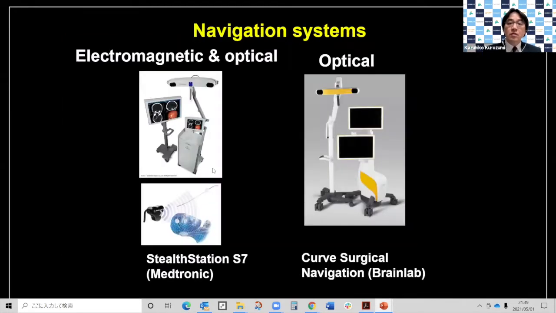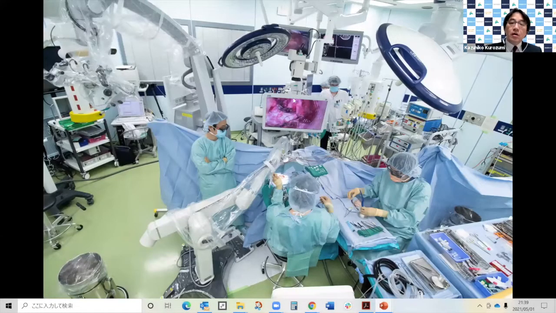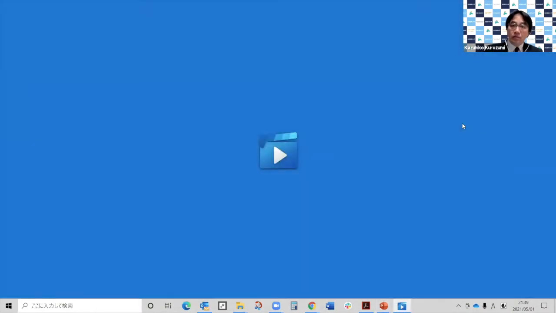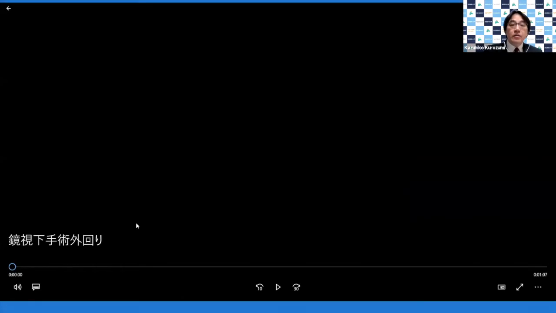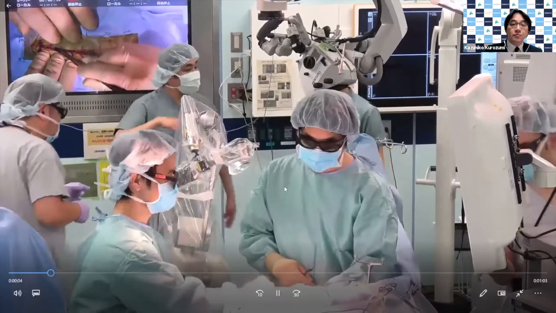This is a Vitom, and we're using a navigation system. For example, this is a medulloblastoma, a fourth ventricular tumor. This is the storage system. I'll show the video. So this is an operative video.